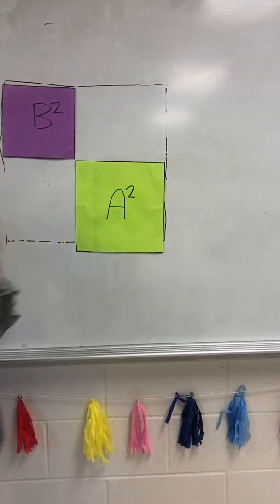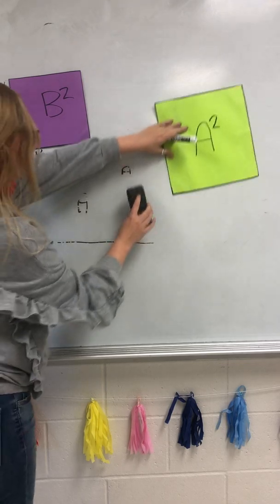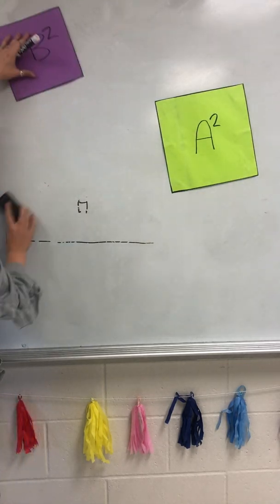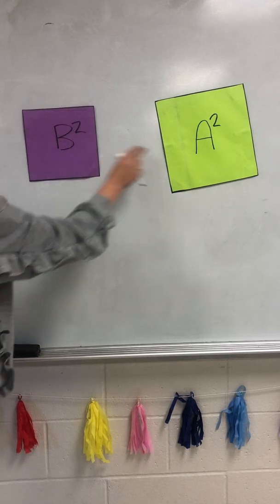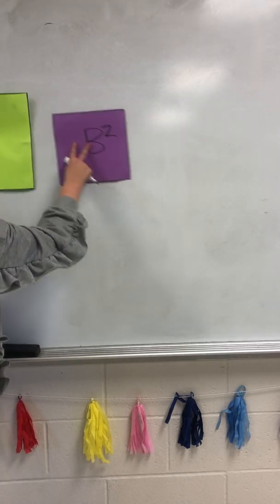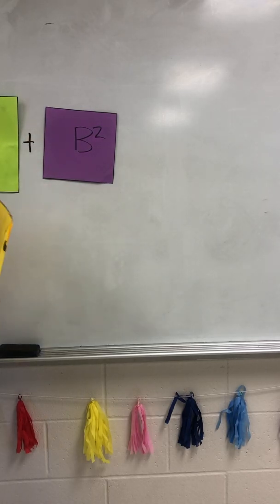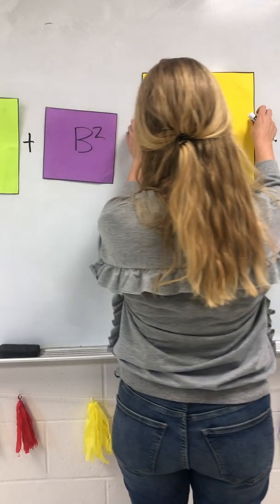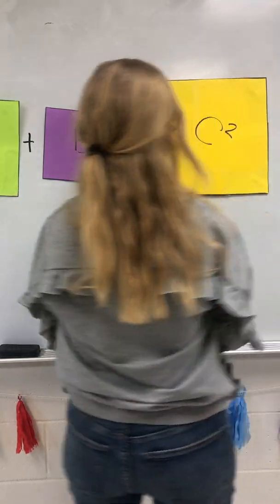I'm going to erase this box. Erase everything there. And we're just going to write an equation out of this. We could say that A squared plus B squared work together to make C.